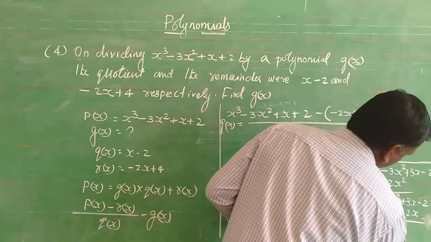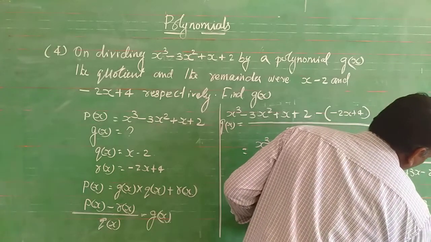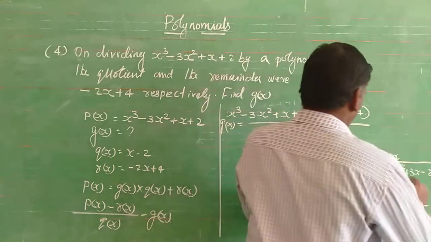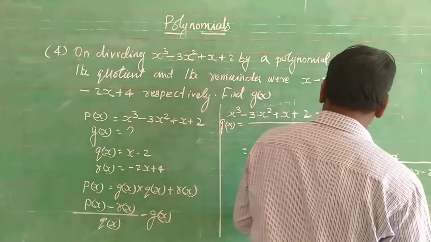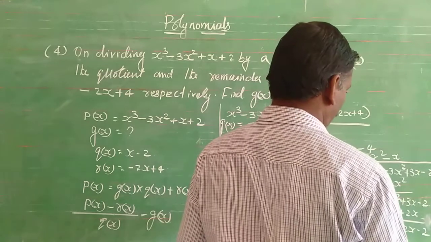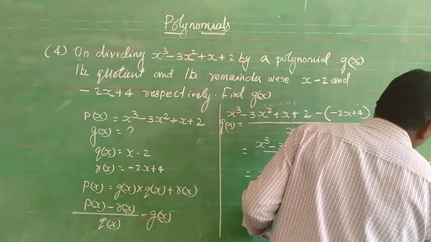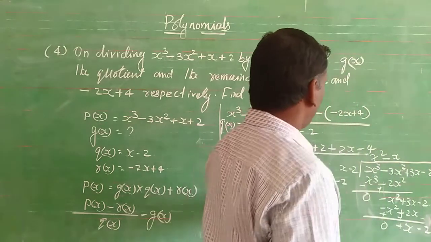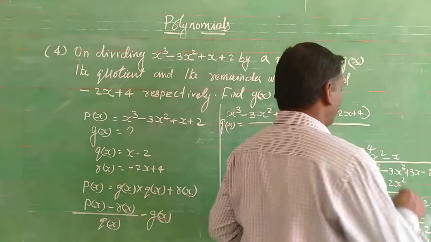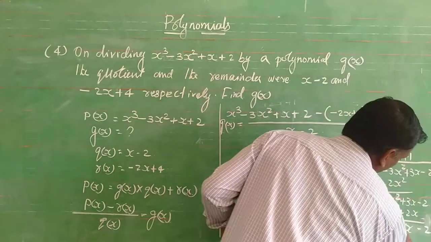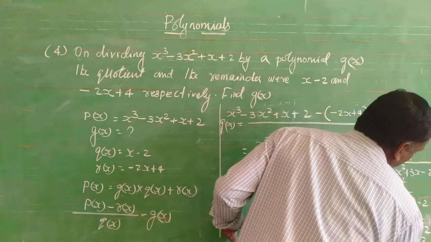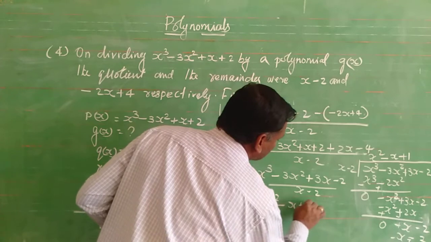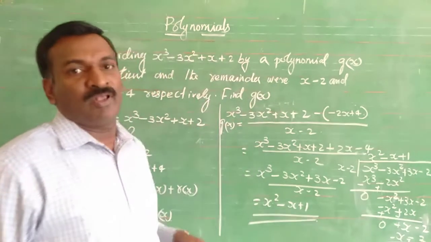After subtracting, we get x minus 2. Now to cancel x, plus 1 into x minus 2 gives x minus 2, and the remainder is 0. Then the quotient is x square minus x plus 1, that is g of x.